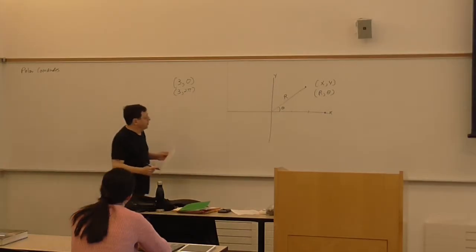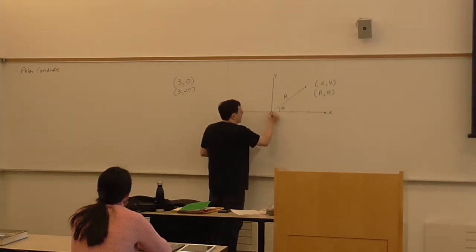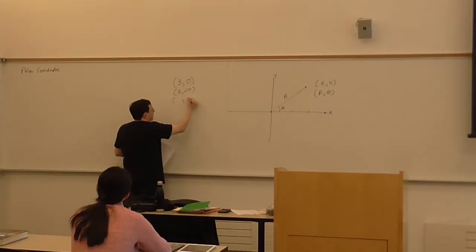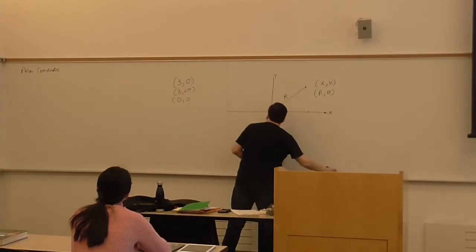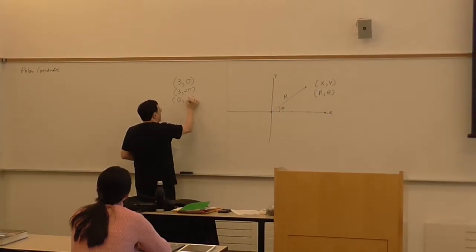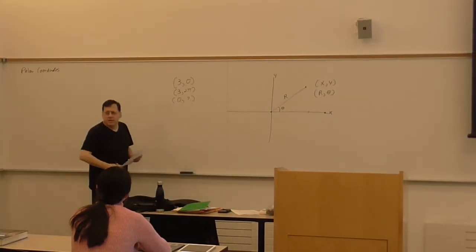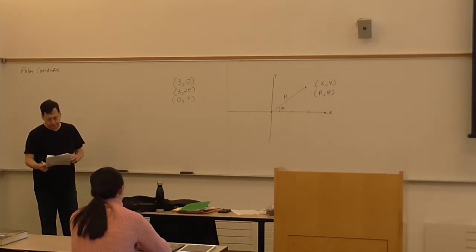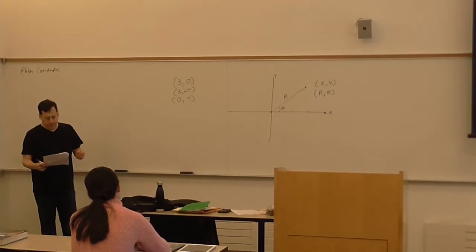In the case of the origin, we describe the origin as having a 0 distance. And then the angle can really be anything. So it's significantly not unique. I just made that phrase up.